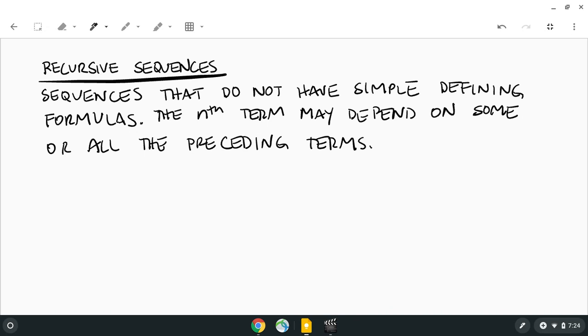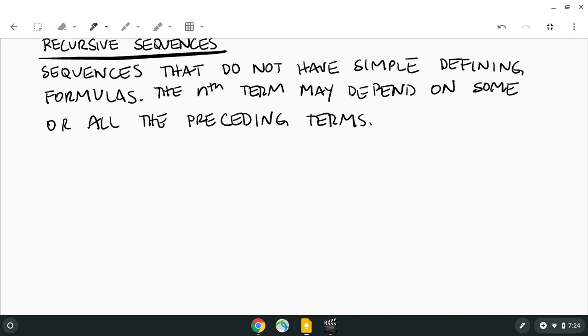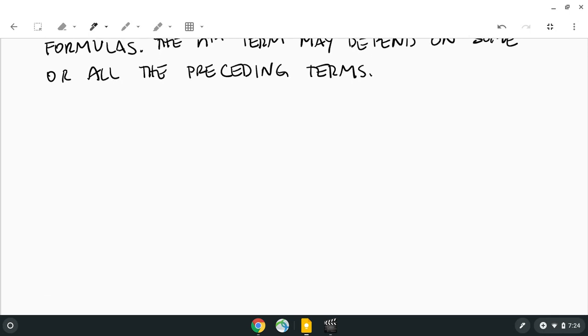Okay, so some or all the preceding terms. Which means that coming up with just the formula isn't quite possible. Okay, so let's take a look here.